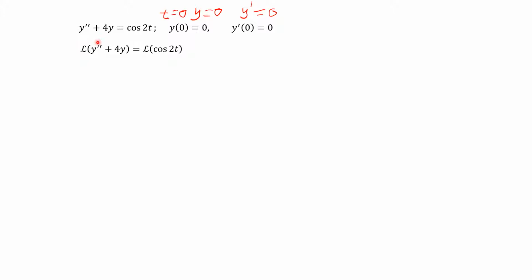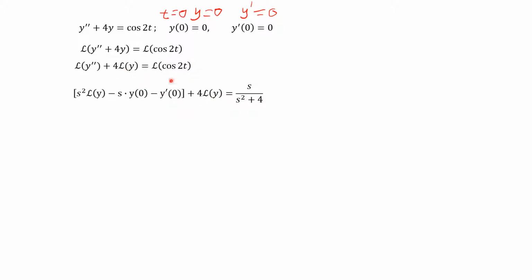And substitute the formula for Laplace of y double prime. Now get the Laplace first individually. This is Laplace of y double prime plus 4 Laplace of y is Laplace of cosine 2t. Now what is the formula for Laplace of y double prime? That is s squared L of y minus s y of 0 minus y prime of 0, plus 4 times the Laplace of y.